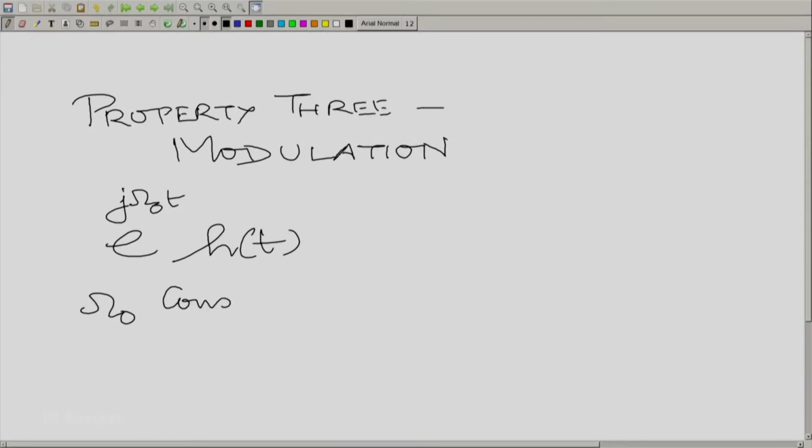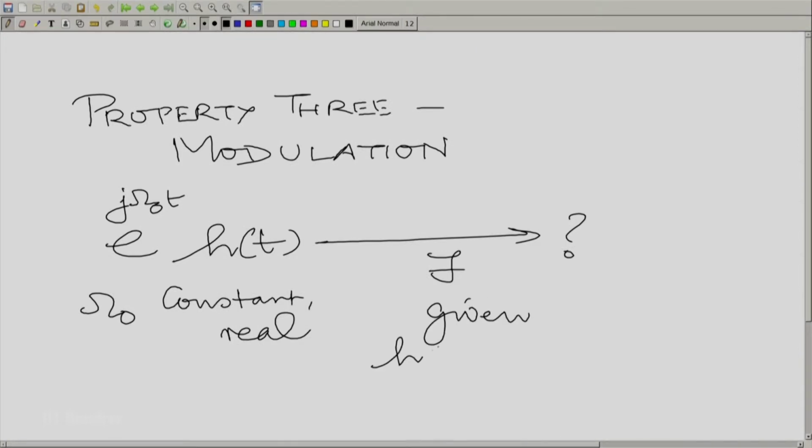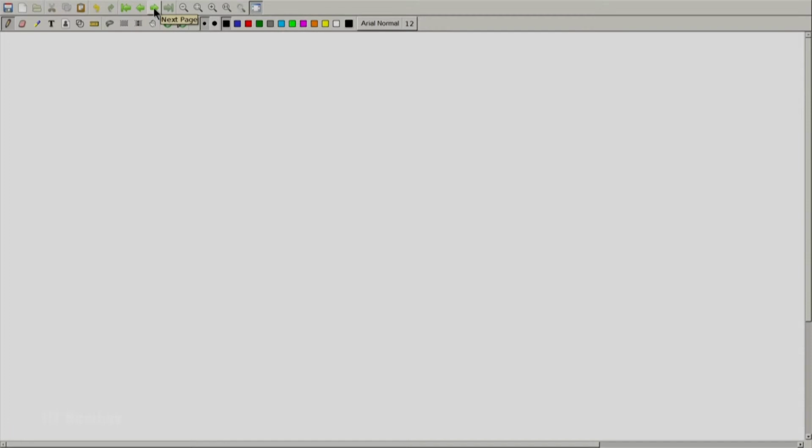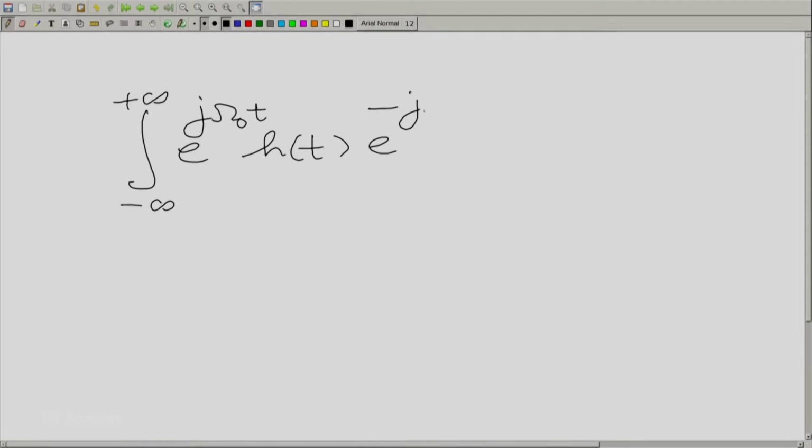Omega naught is a constant and of course real. And let us query what is its Fourier transform, given that h t has a Fourier transform of capital H omega. The answer is very simple. Indeed, integrate from minus to plus infinity e raised to the power j omega naught t times h t e raised to the power minus j omega t dt.